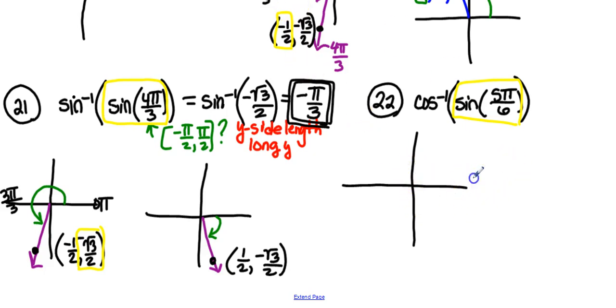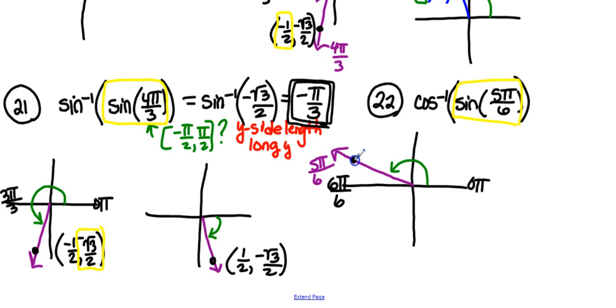As a frame of reference, I know that this is 0 pi. If I'm counting in sixths, this is 6 pi over 6, which means 5 pi over 6 is 30 degrees short of the x-axis over here. So here's 5 pi over 6.